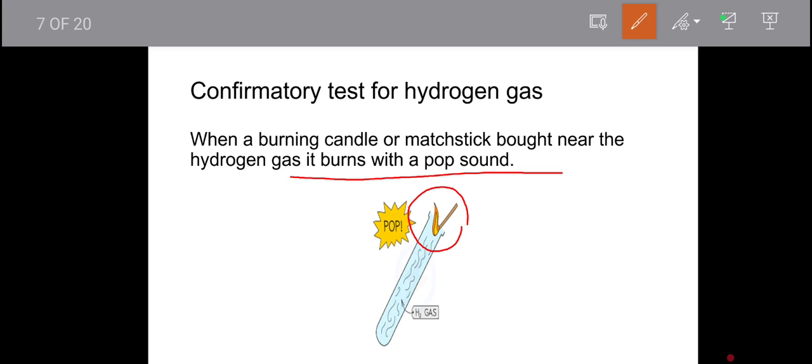Very important: hydrogen gas will always burn with a pop sound. This is the confirmatory test for hydrogen. Hope this confirmation test is also clear to you, which is very important from the exam point of view.